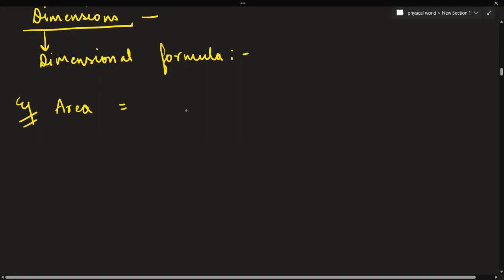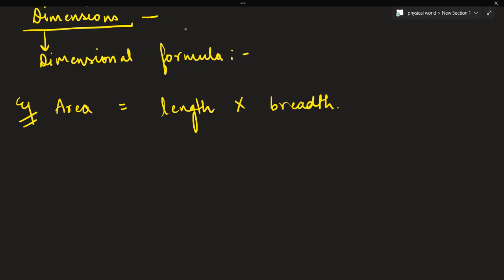So area is the product of length and breadth. Now, Aram, you tell me, which one is the fundamental quantity among this? Length? Length.